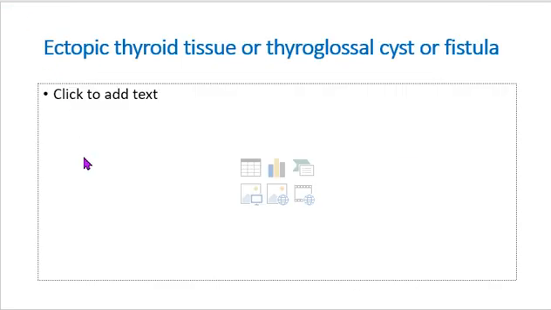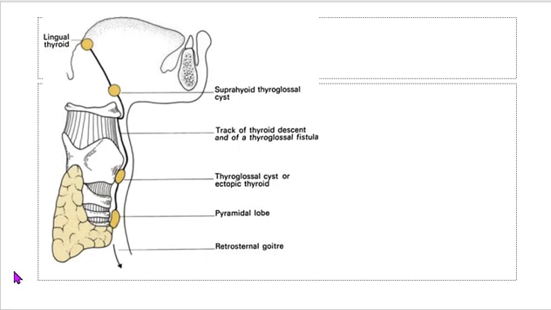Ectopic thyroid tissue and thyroglossal cyst and fistula. This line shows the descent of the thyroid gland. Thyroid gland develops here from the foramen cecum, which is situated at the junction of the anterior two-thirds and posterior one-third of the tongue, and normally the thyroid gland descends in this pathway and reaches its final location.